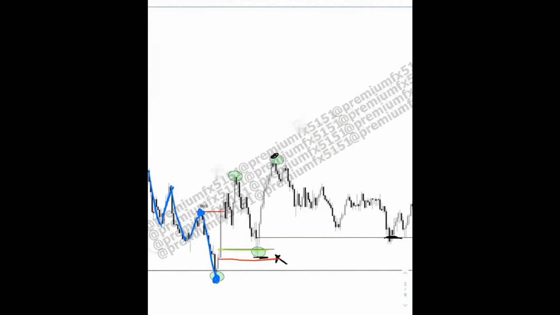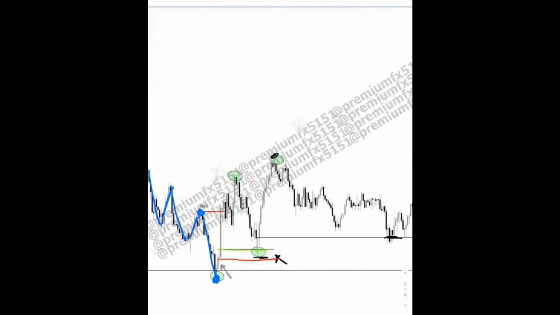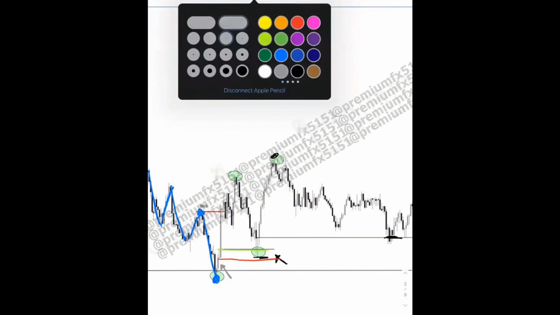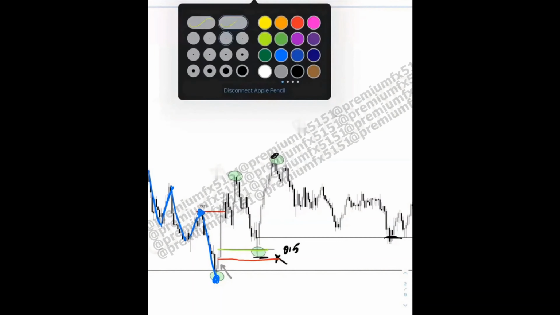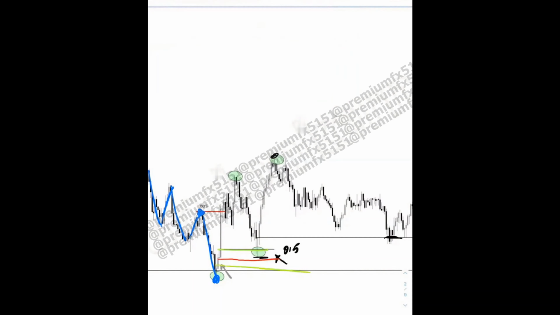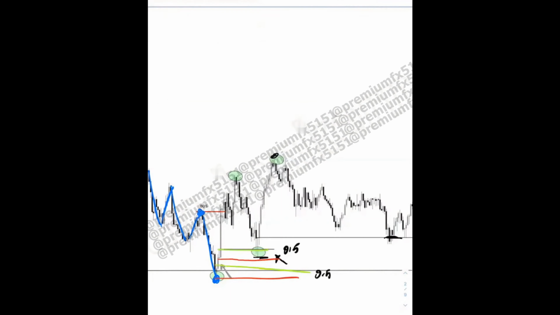Okay, another option is maybe covering everything, because you guys can see how we have slightly an imbalance right there. Or another thing you guys can do is play 0.5 risk right there, and then play 0.5 risk on the below one.